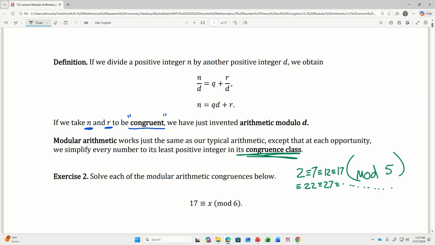So a congruence class represents a set of infinitely many numbers that are all 5 apart from each other in this case, because we're doing arithmetic modulo 5.